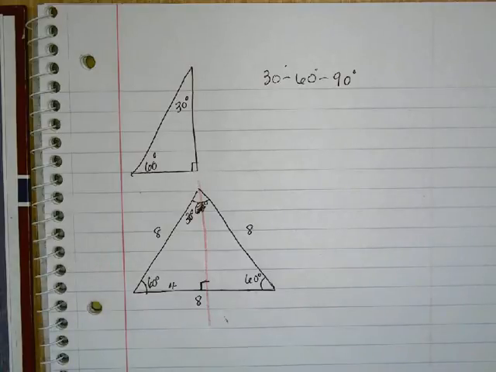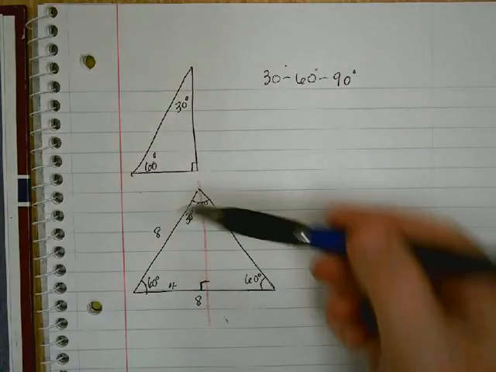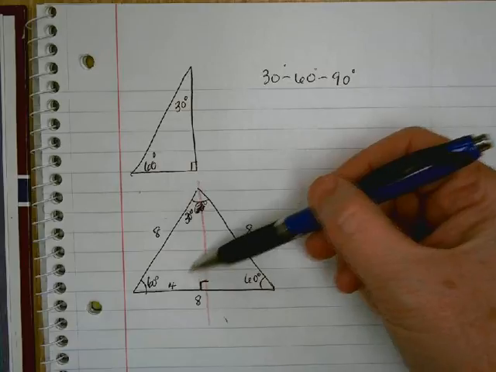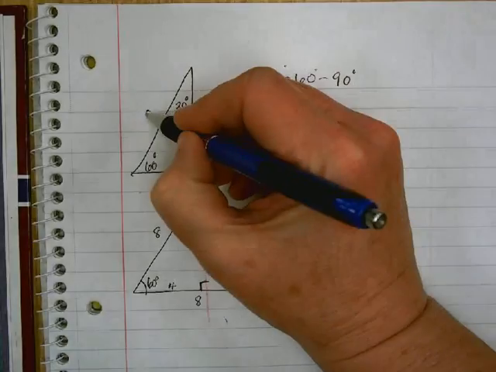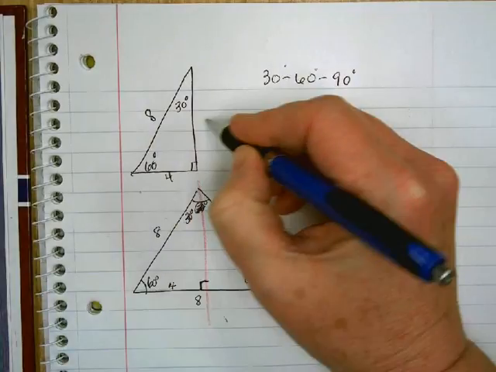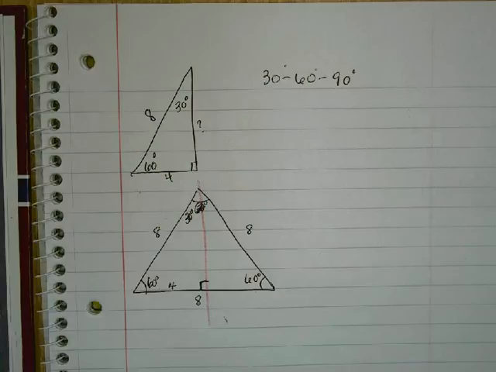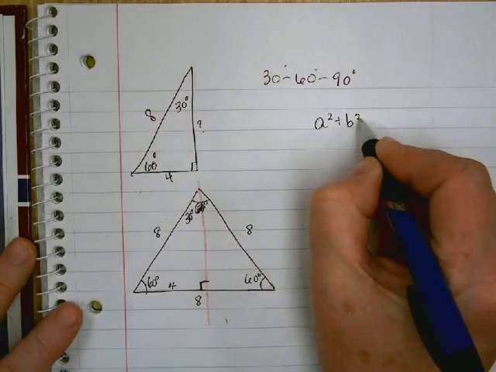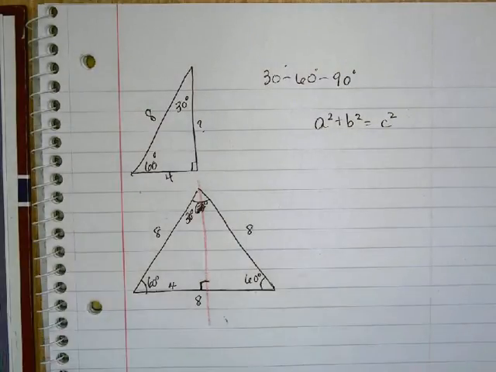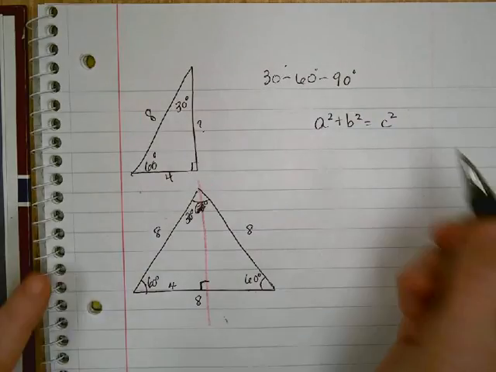Well, if you know that this side is 8 and this side is 4, can you find the missing side? Okay, now I'm going to write it up here that this is 8 and this is 4 and this is what we're looking for. So how would you go about doing that? Now tell me what A, B, and C are. Okay.